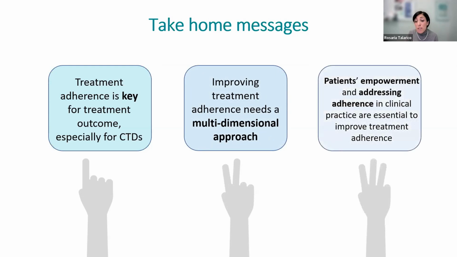And finally, patient empowerment is really, really important, not only to educate patients and make them aware of the disease and the importance of taking a drug, but also to address adherence, since it is important, as in the example of Behcet, to discuss with the actors, patients and caregiver, how to look at the problem.